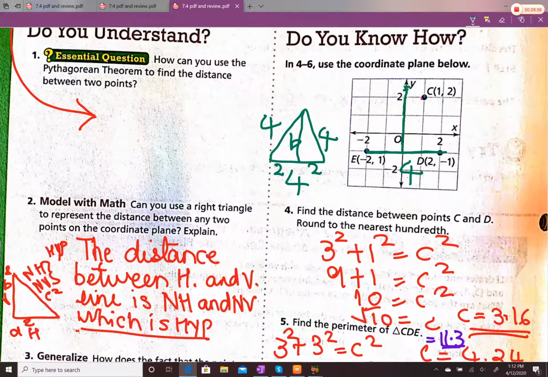So where will this be? 2.46. So 0, 2.46. So our coordinate will be 0 and 2.46. Okay, that is where the B will lie, and then I can draw an equilateral triangle through this.